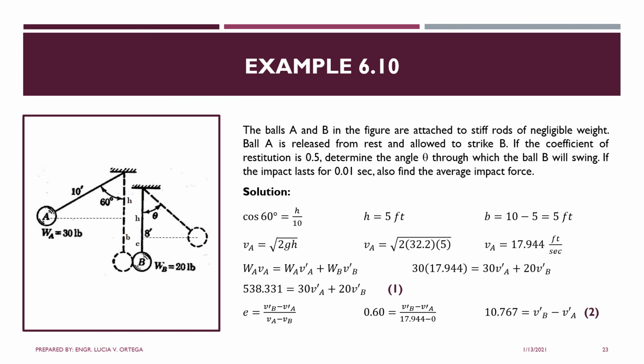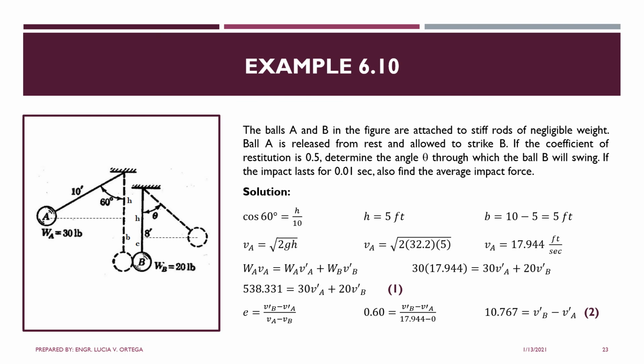Using conservation of linear momentum, only ball A started the motion and B is at rest. So we have W_A v_A equals, when ball A reaches this position and impacts ball B, then they move. On the right side, W_A v_A' plus W_B v_B'.